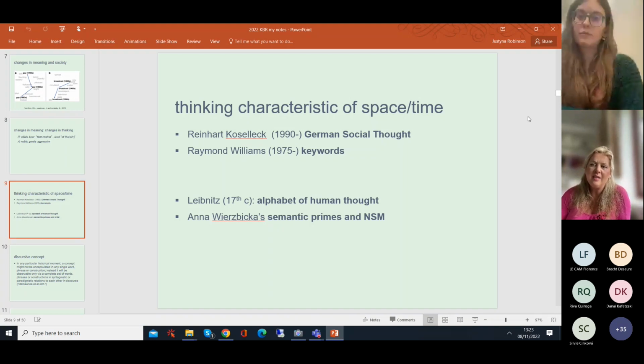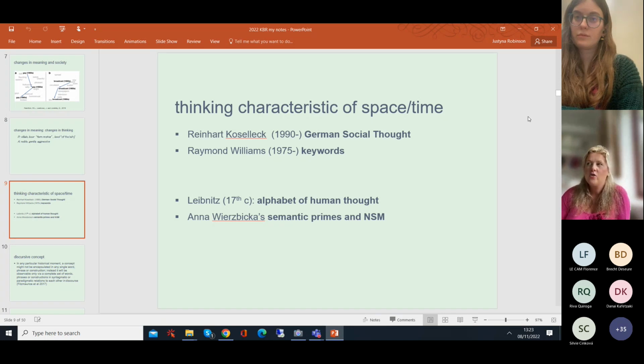And then we had other people who've been thinking about language in terms of concepts, and saying that there must be almost like a baseline for the concepts that we have. So every human will have this set of concepts to signify the human's existence. This idea comes from at least Leibniz, when he talked about the alphabet of human thought.